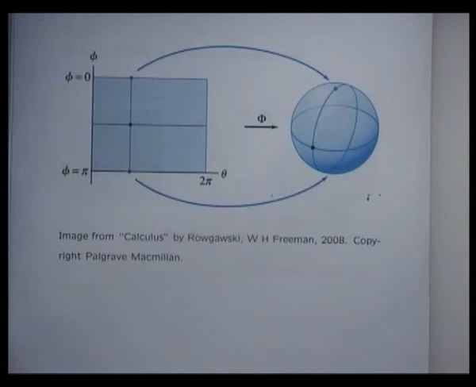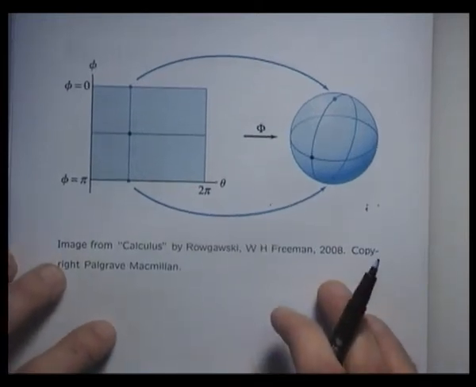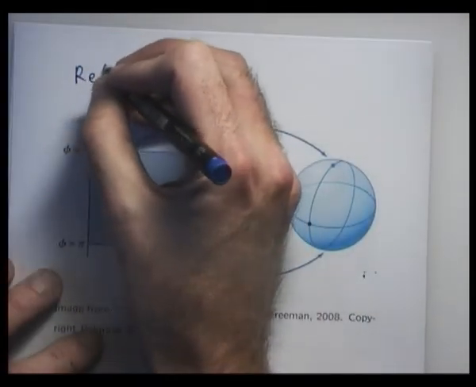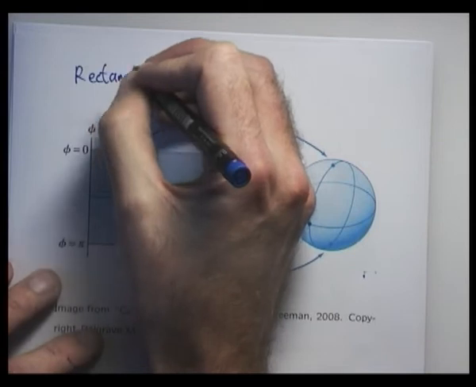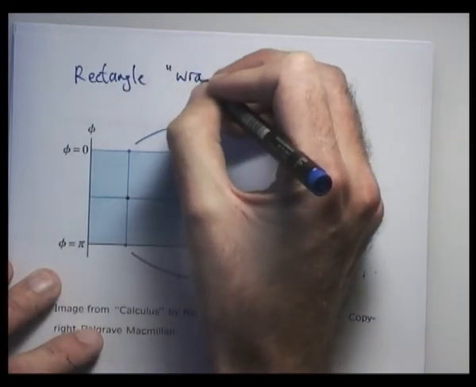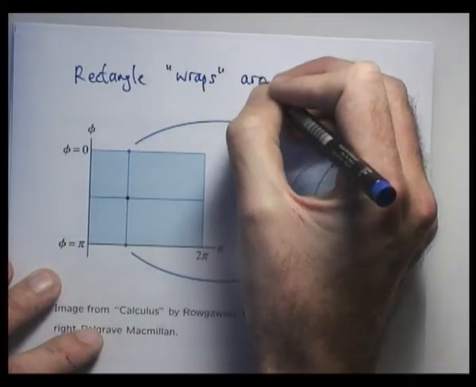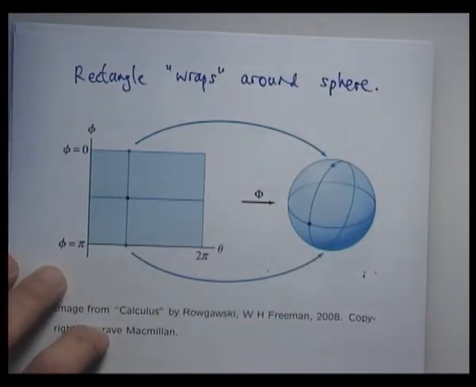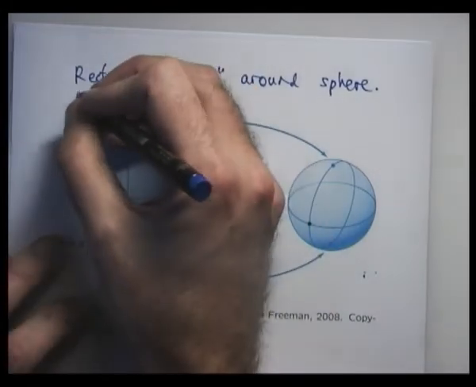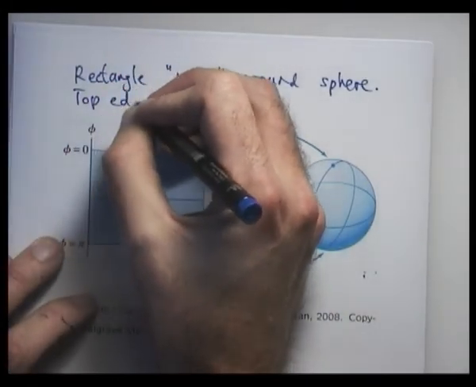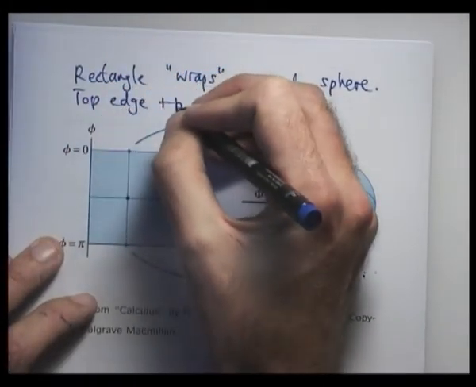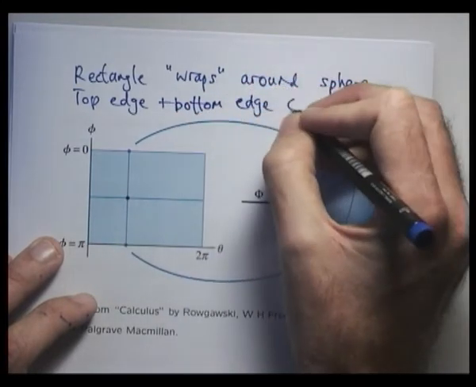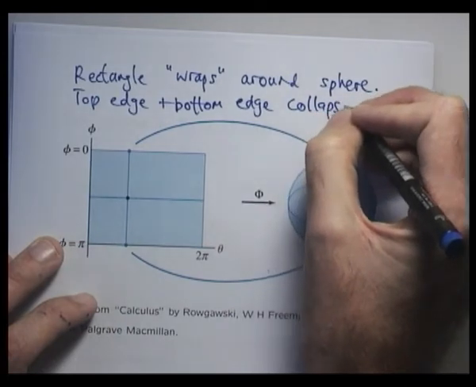So the rectangle wraps around the sphere, and the top edge and the bottom edge collapse at the poles.